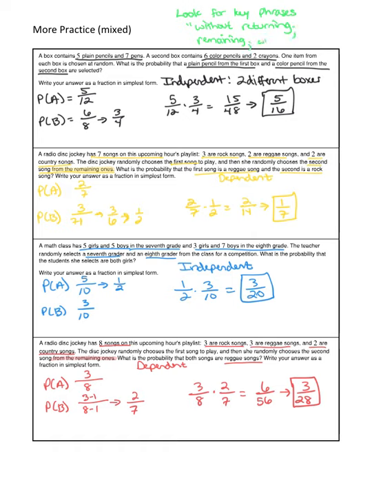Without replacement. These are all key phrases for dependent. Make sure you read the words carefully. The math is not hard, but it's important you choose independent or dependent probability. All right, guys.